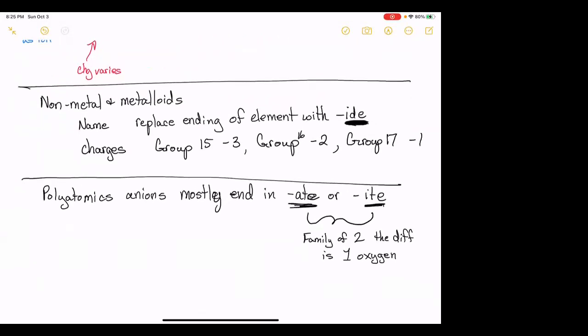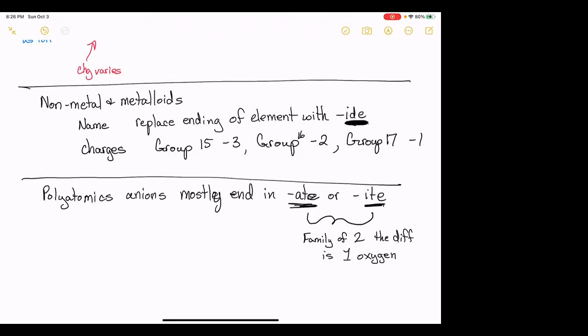One of the things I mentioned on Friday that will be useful is if you can remember phosphorus's polyatomics, and you can remember sulfur's polyatomics, and you can remember chlorine's polyatomics, then you know all of the polyatomics below those elements as well, because they behave exactly the same.